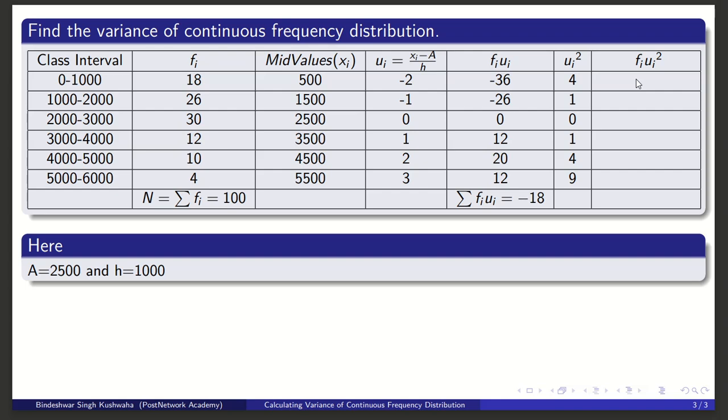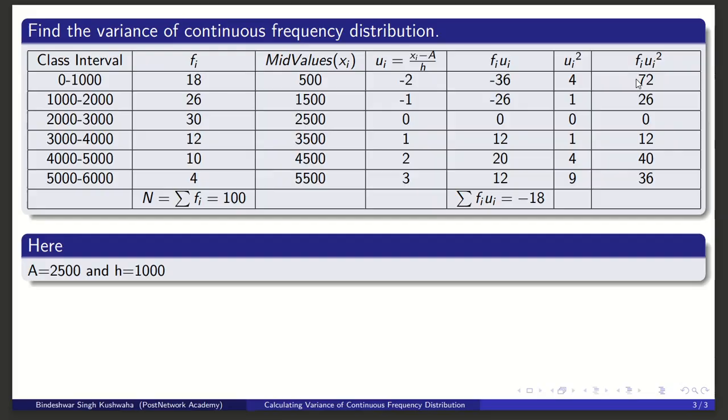So if you see first entry, fi is 18 and ui square is equal to 4. So if you multiply, that would be 72. Second, fi is 26 and ui is 1, so 26, and just so on.